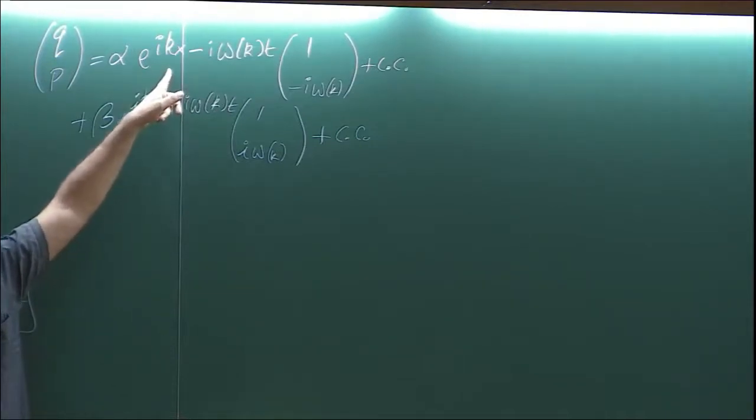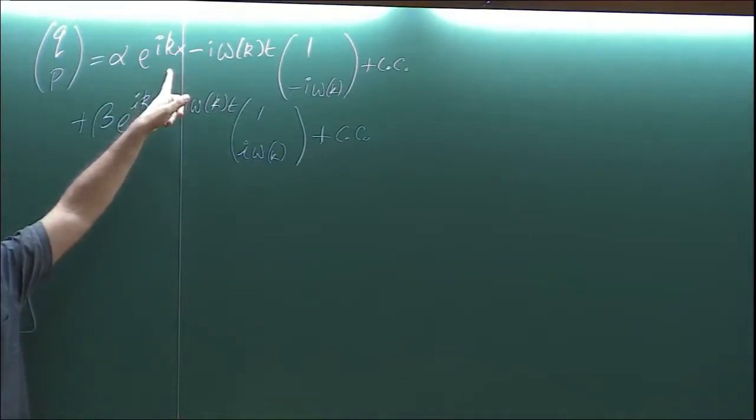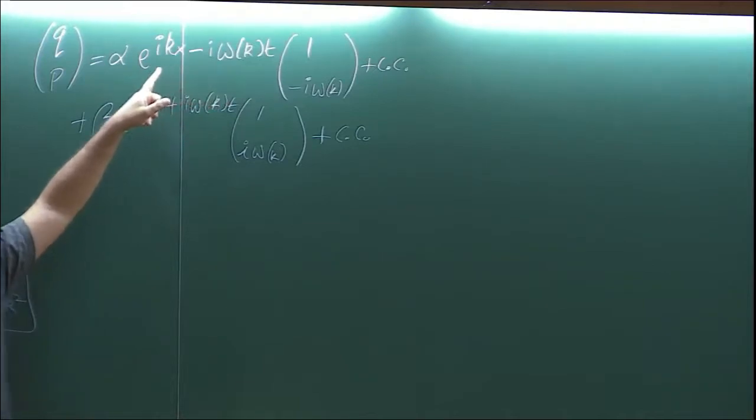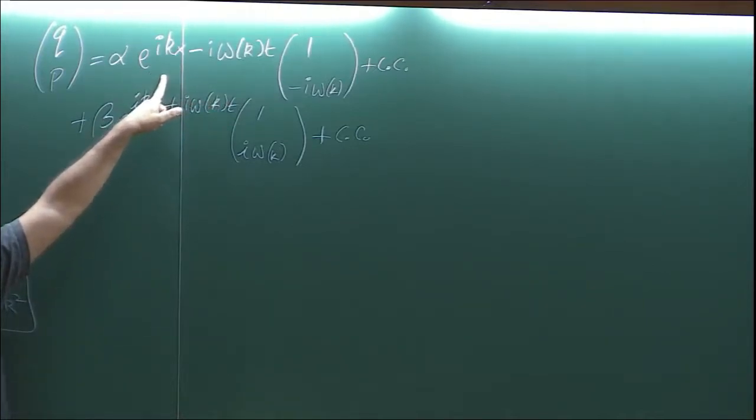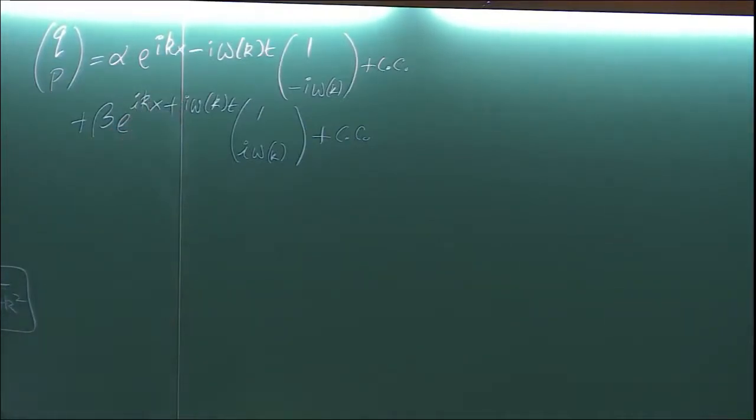And now I just have a spatial dependence as well. And my frequency in time is sort of dependent on my wave number in space. Okay? So the goal will really be, we pick a k that tells us what our spatial period is, and then from omega, that tells us what our temporal period is.